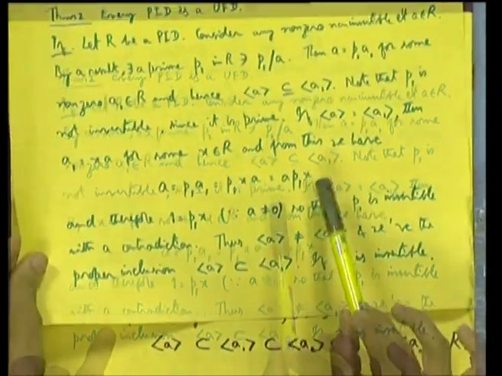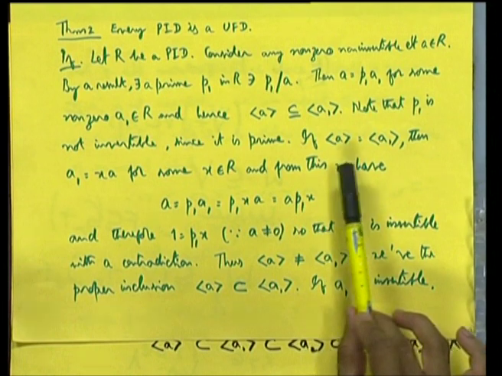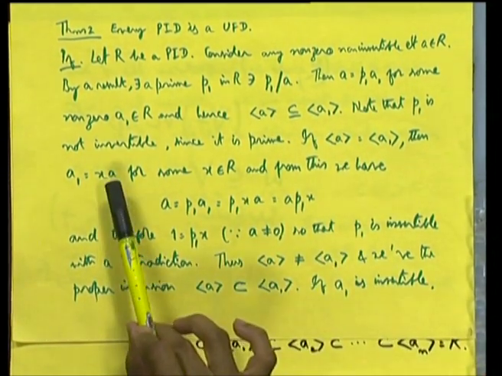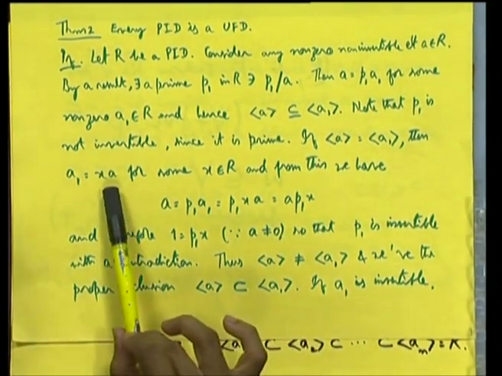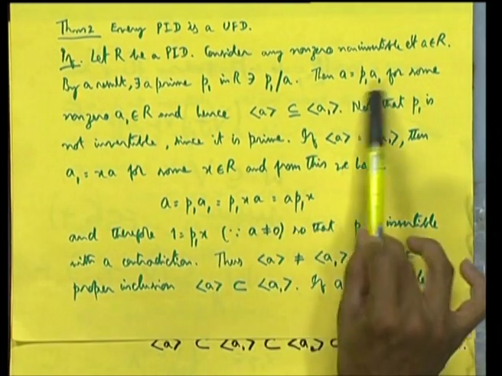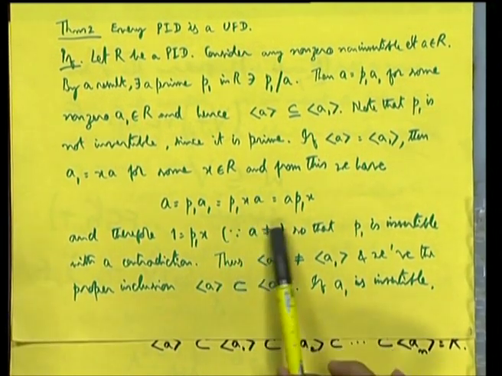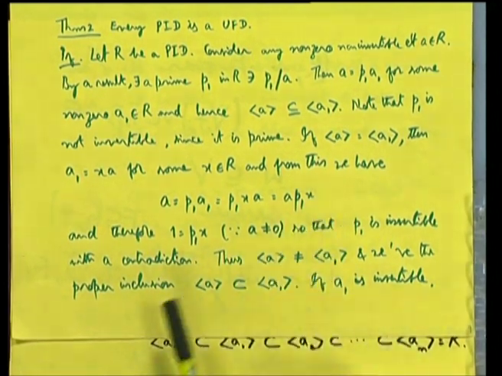And if in case equality holds in this inclusion, we have a1 is equal to some x into a, where x is coming from R, since a1 will be a member here. From this we obtain a = P1 a1, and for a1 we can take x a, and this is further equal to a P1 x from commutativity.